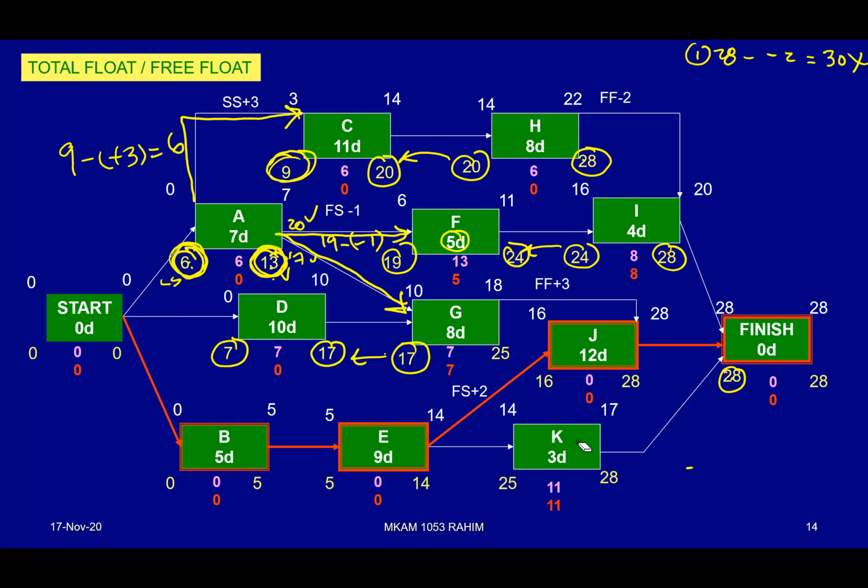But when you want to calculate free float, you must look at the successor activity. When you look at the successor activity, the issue is that it has different types of relationship plus the lead and lag. That is the complicated one. Okay, let's take a look at this.